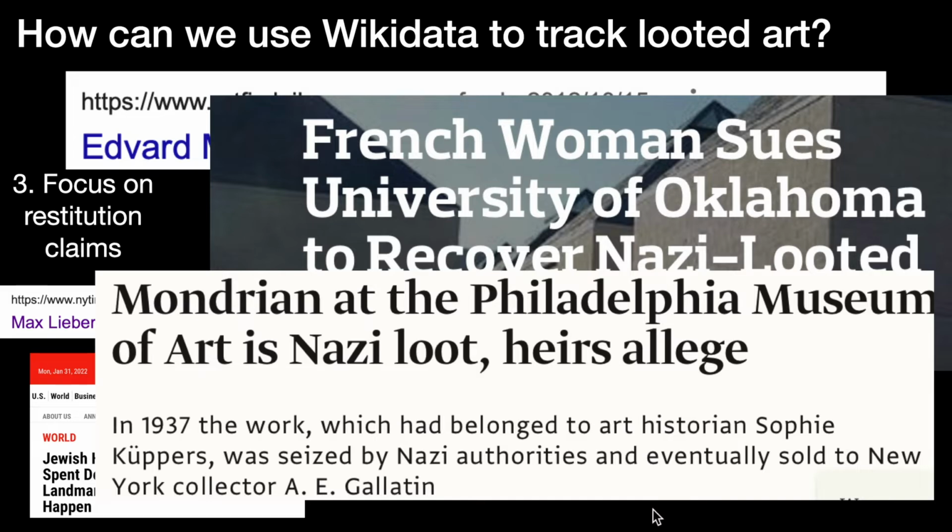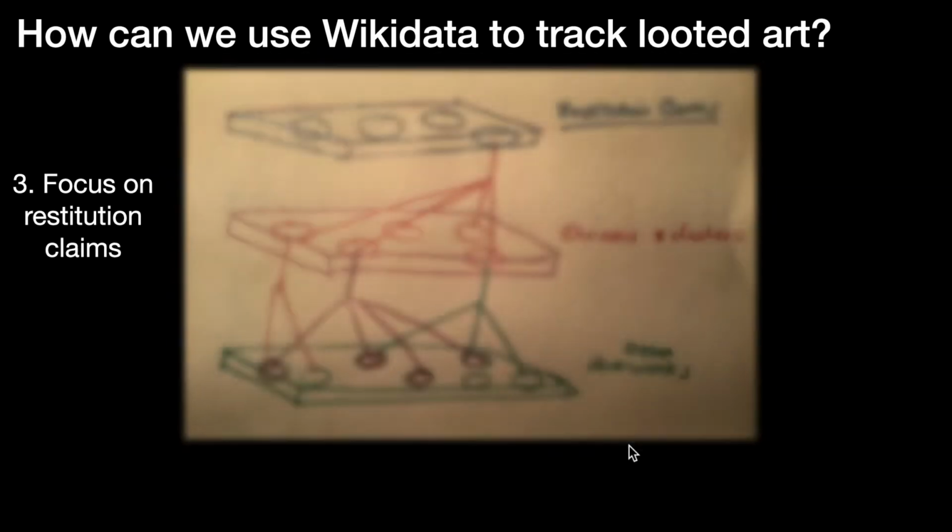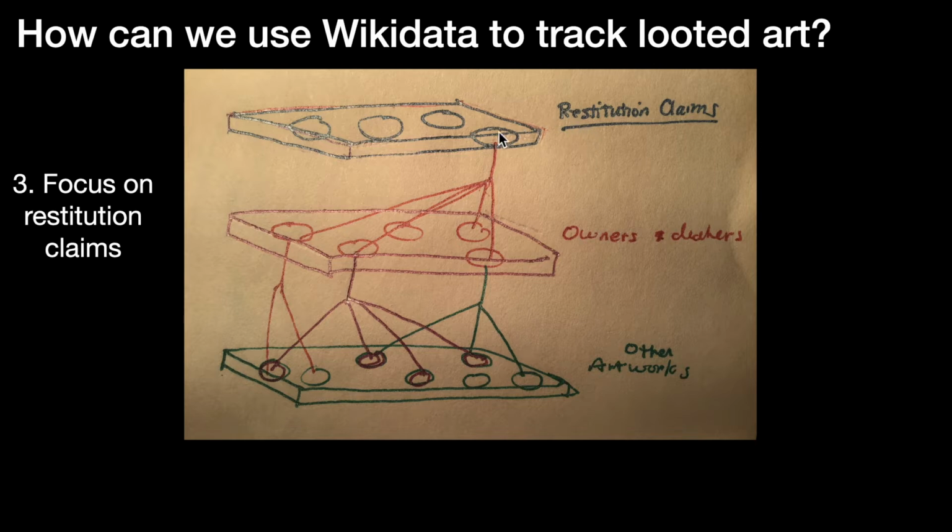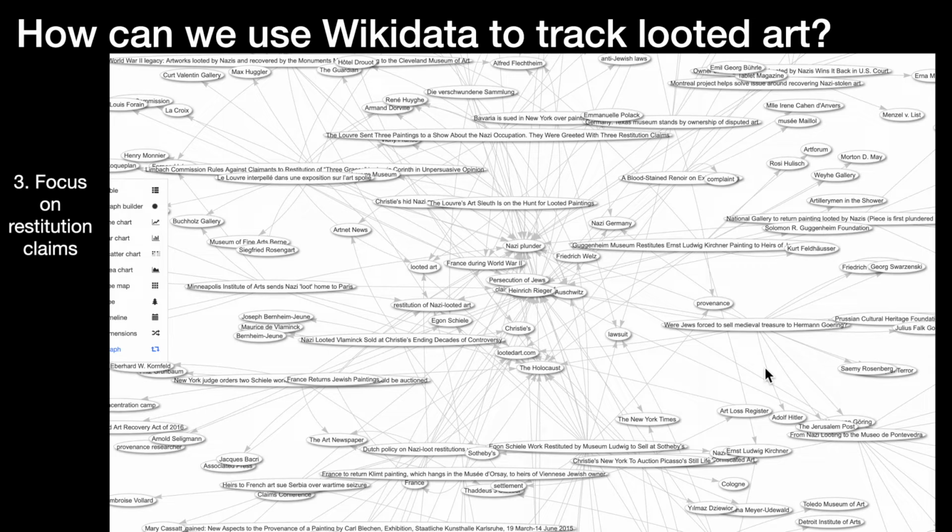So in this example, what we're going to do is start with the claim, which is happening now, for example, in 2022, or a few years before, look at all of the people who are mentioned in that claim, and then see which artworks those people owned, those people and their networks. What we're looking for are patterns, and when we run the query, we'll see a number of connections, which can be interesting.